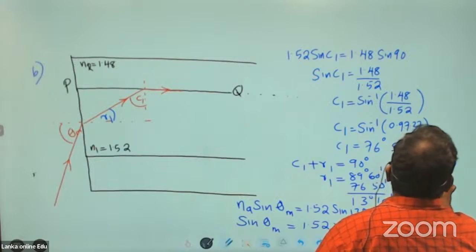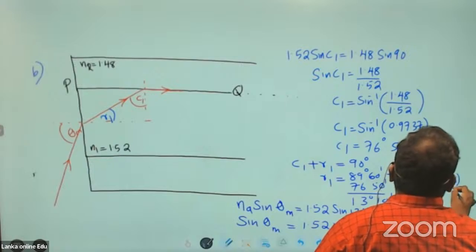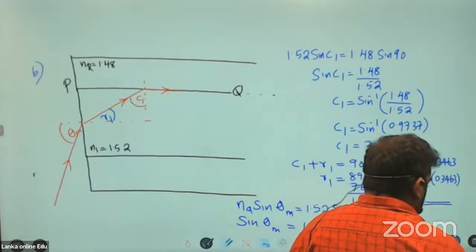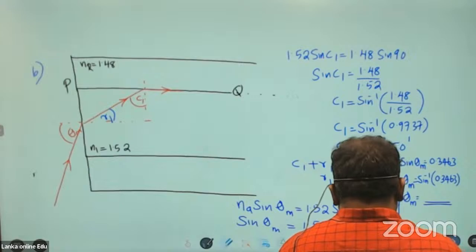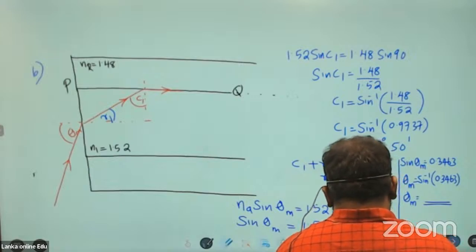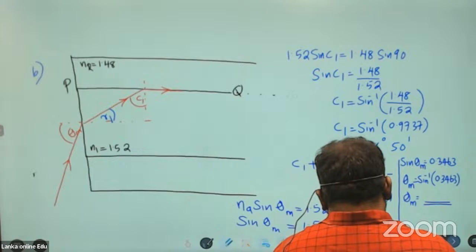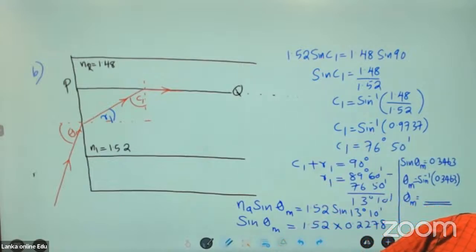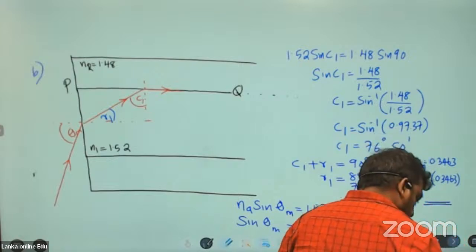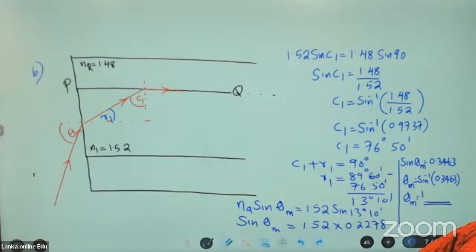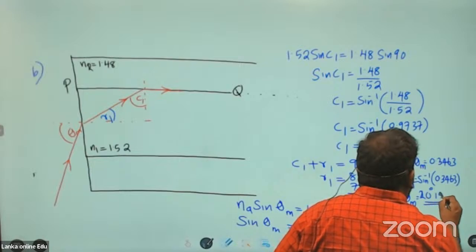Theta max is sine inverse of 0.3463, which is 20 degrees 15 minutes, something like that.